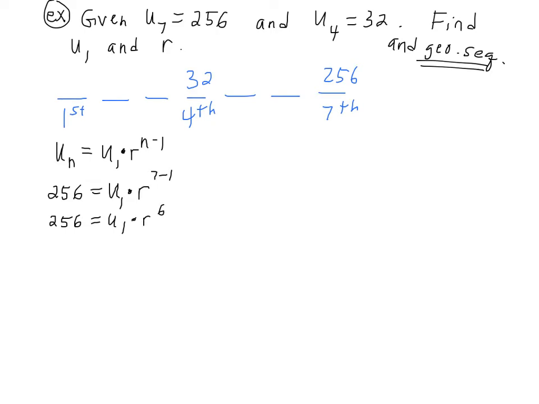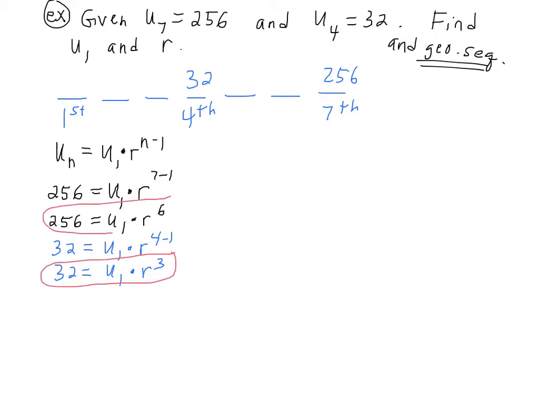And likewise, if we plug in our other known fact, 32 is equal to u sub 1 times r to the 4 minus 1, which is 3, so 32 is equal to u sub 1 times r cubed. These are two equations with two unknowns.